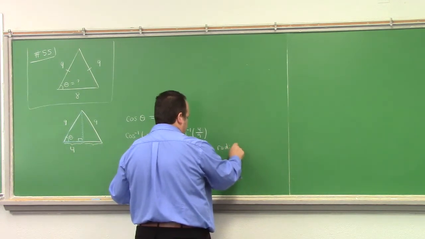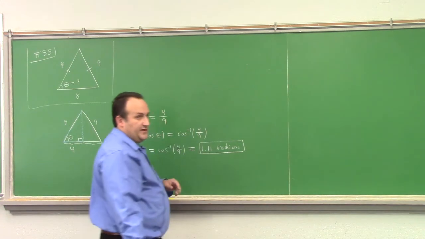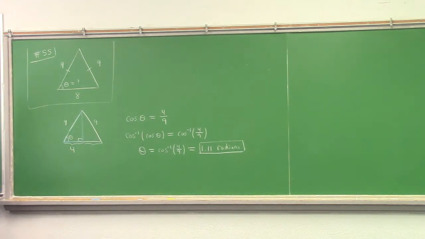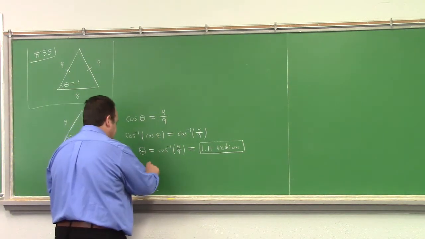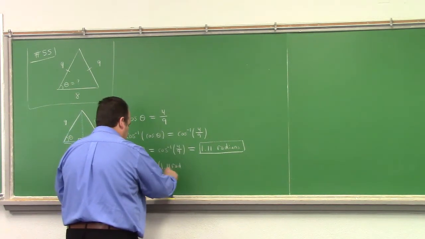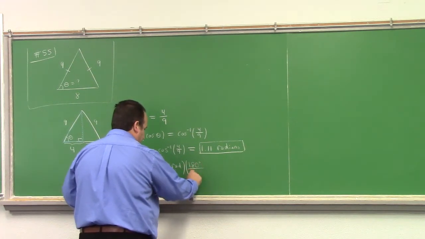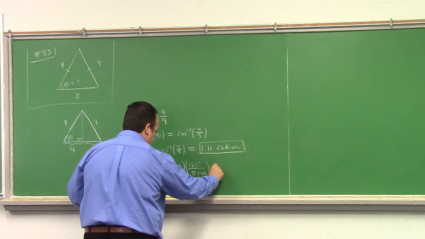And of course, if you wanted degrees, you could switch your calculator over to degree mode, or we could just convert, right? Maybe that's a good exercise for us. How many degrees is that? 1.11 radians times what? 180 degrees over pi radians. So what's that give us?